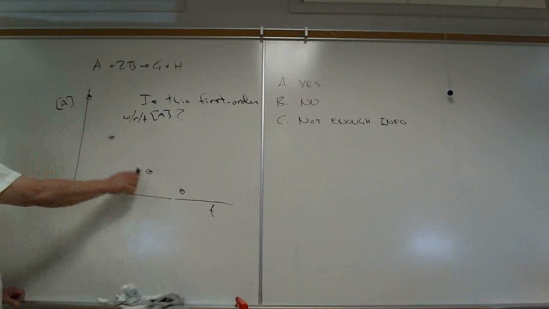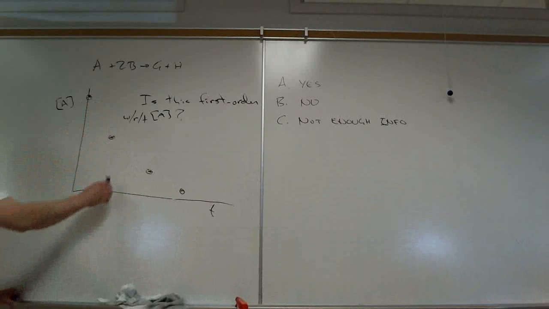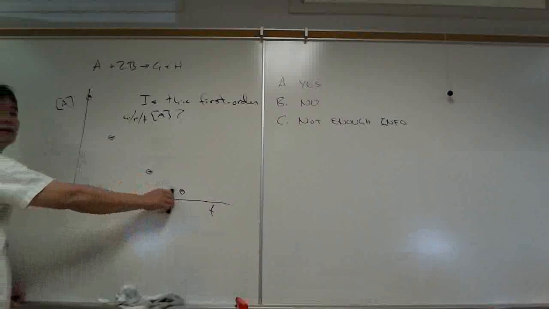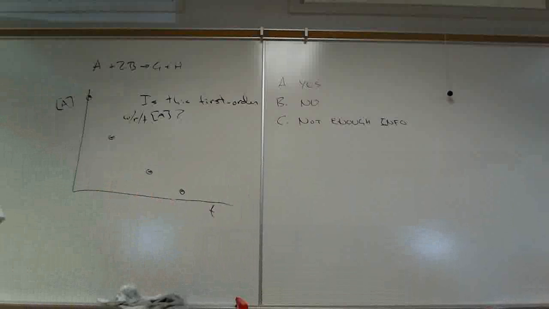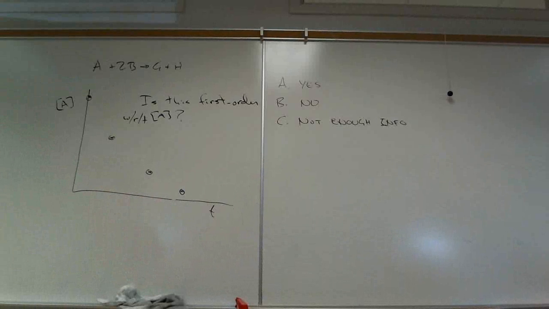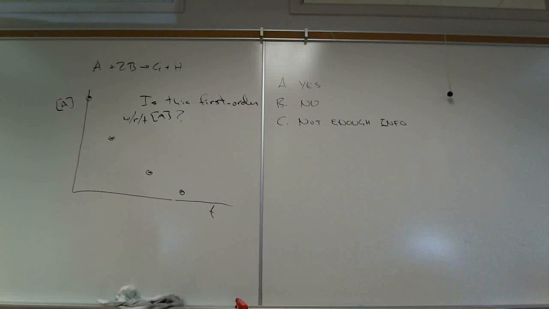So you're looking at the half-life. Right, the half-life appears to stay constant. So it looks first order. And it's A, and so how many people say no? How many people pick C? Not enough information.